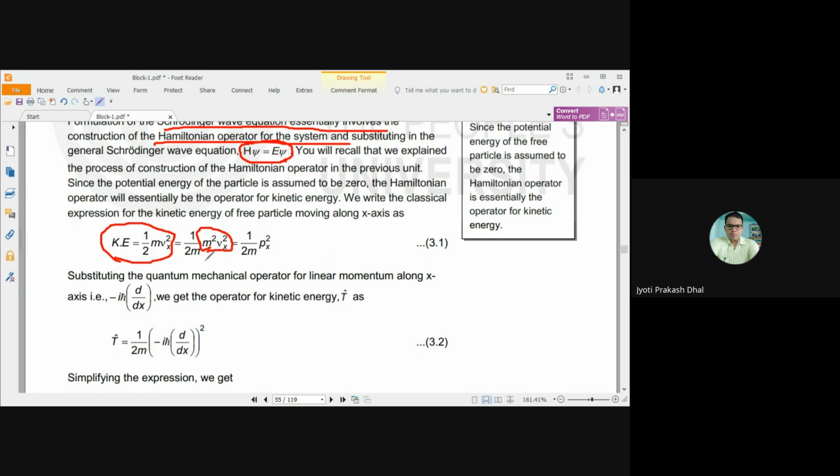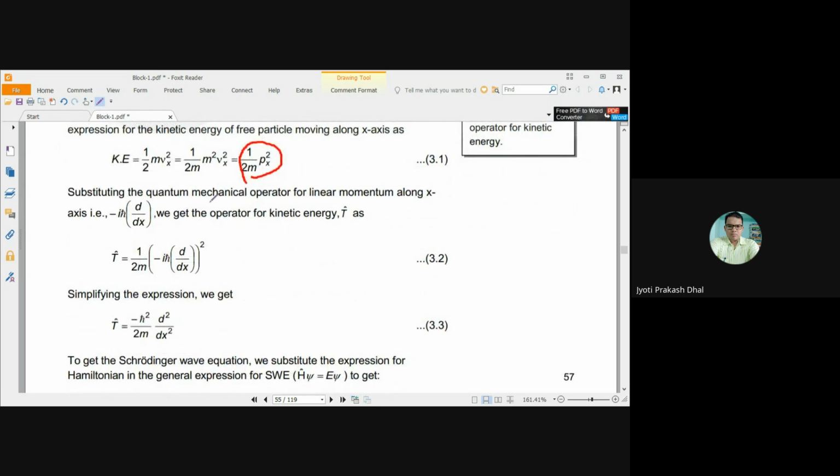So m square vx square is px square, where px is the momentum of the particle along the x-axis. So the kinetic energy, that means the total energy, equals 1 by 2m px square.